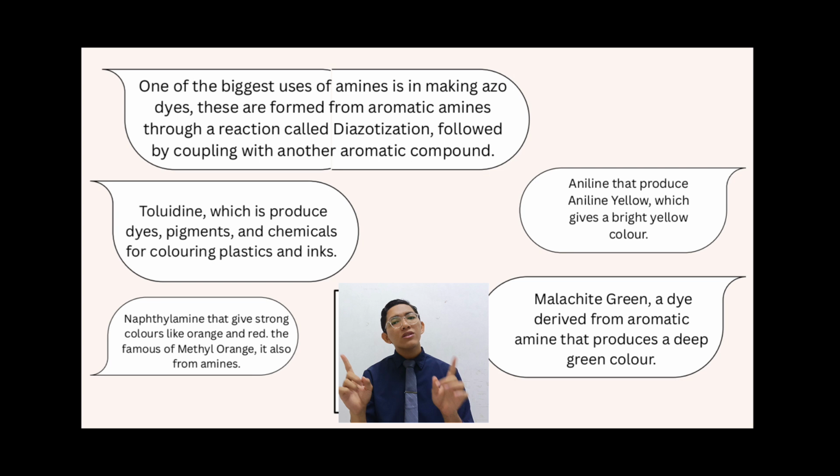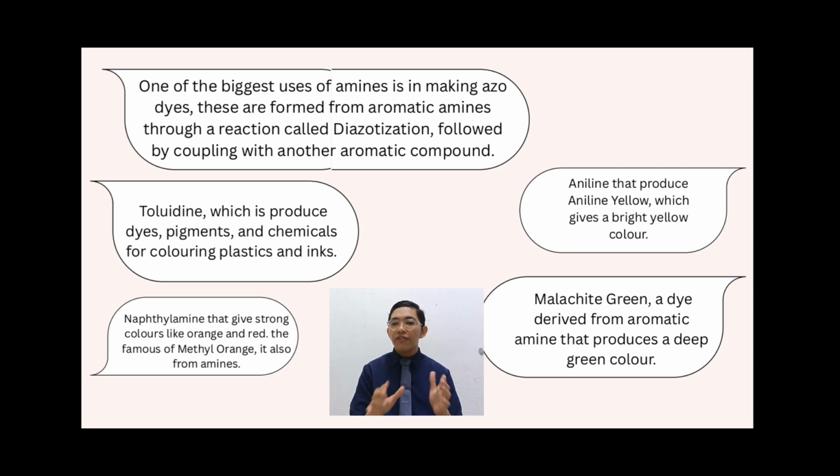Another one is toluidine, which produces dyes, pigments, and chemicals for coloring plastic and ink. Naphthylamine gives strong colors like orange and red. Have you heard about the famous methyl orange in the lab?